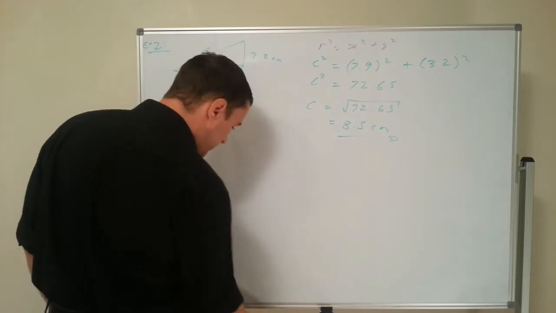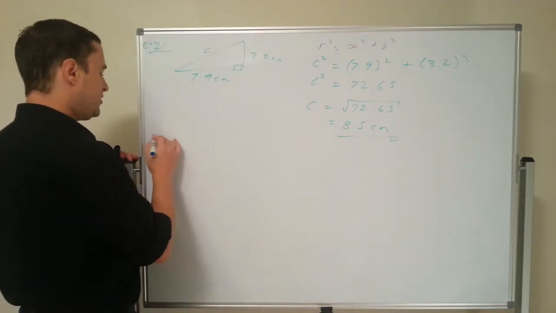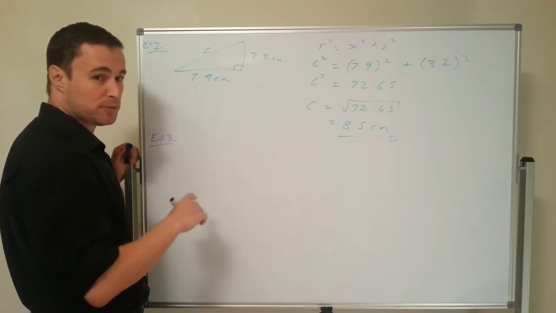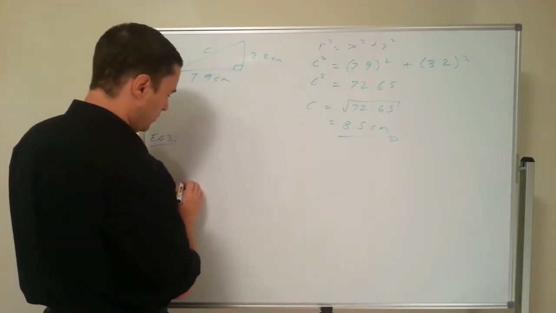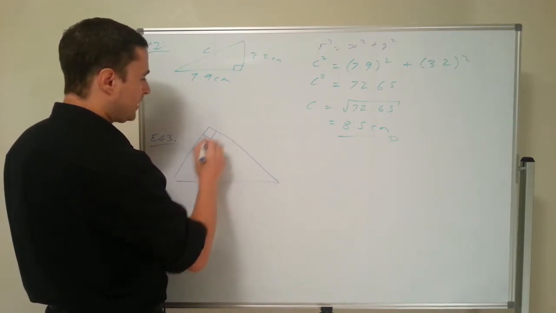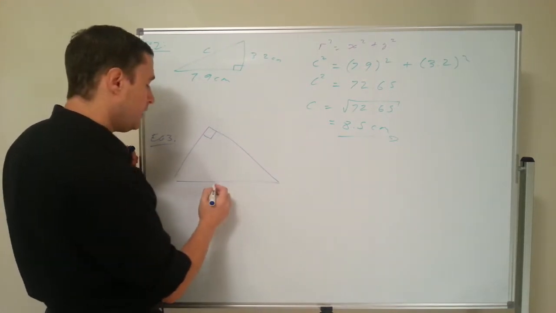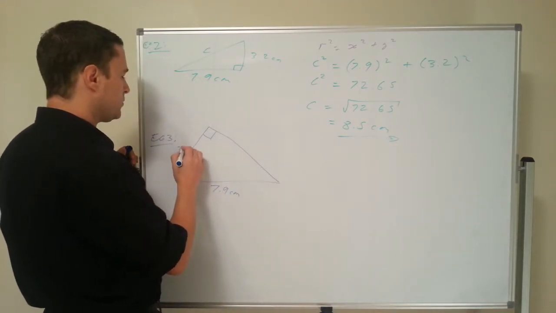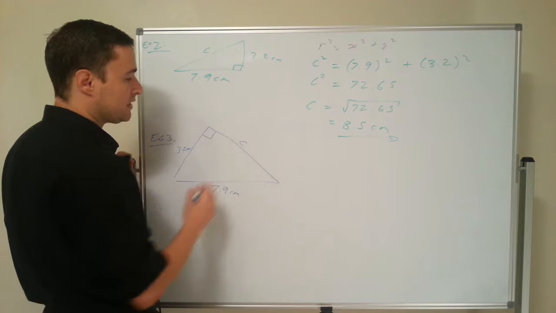Okay, last example before we sign off for today, example 3. They said find the length of c to 1 decimal place. Now, look, just be careful with this. This is the right angle. I haven't drawn this to scale, okay? Now they've said that this is 7.9 centimeters, and this is 3.2 centimeters, and this is c.